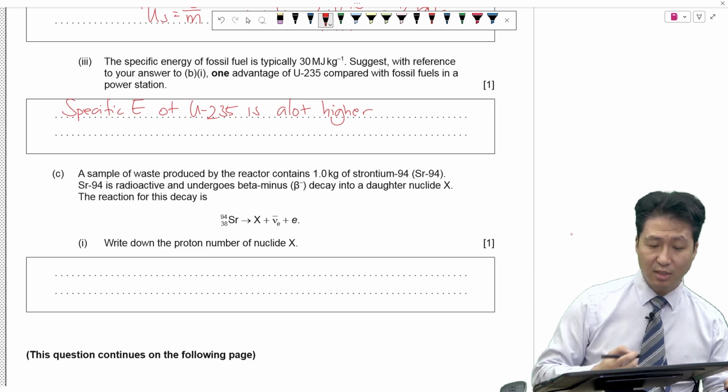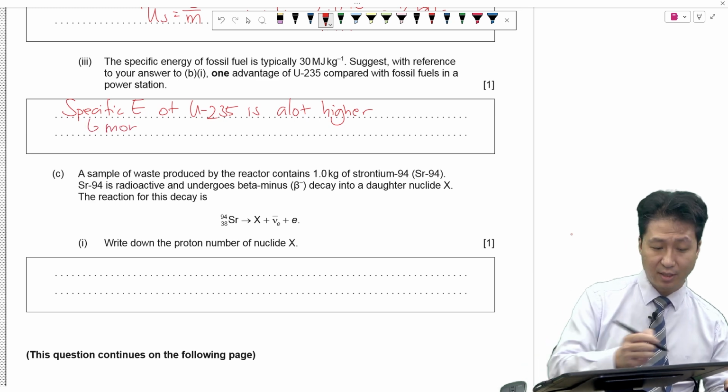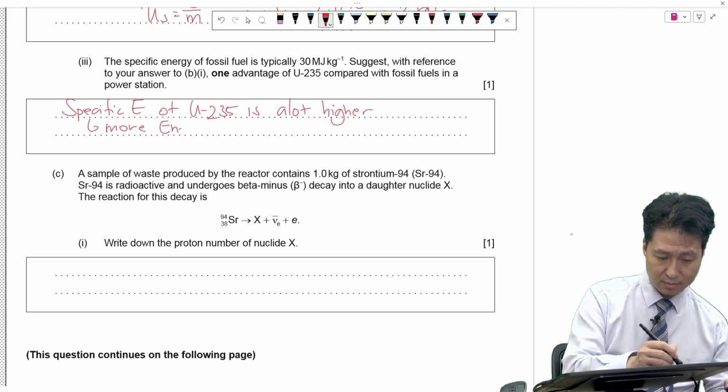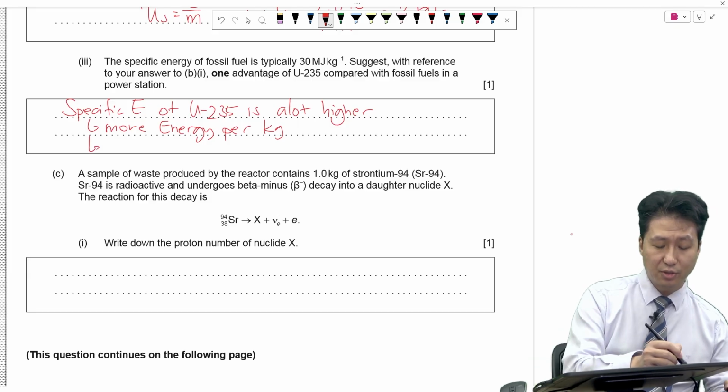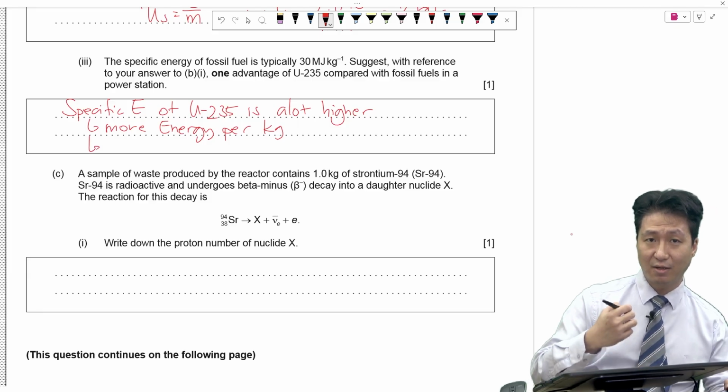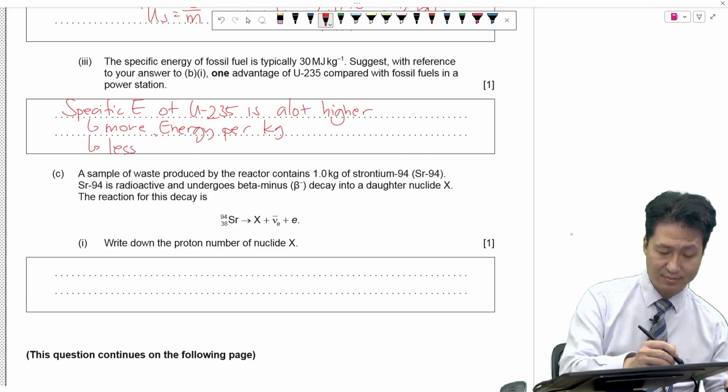And what this means is you can get more energy per kilogram. Or you can also state it as you need less fuel for the same amount of energy.